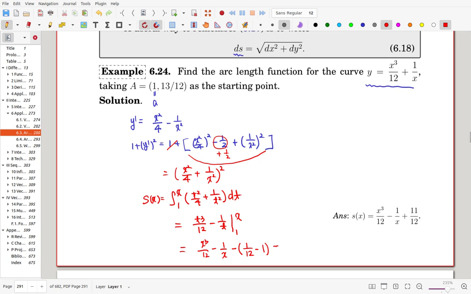So that finally we can get that this portion becomes plus 11 over 12. Okay, this is S of x here.